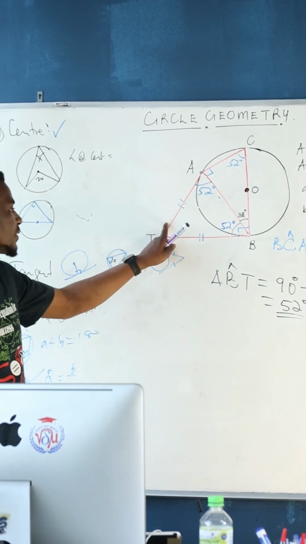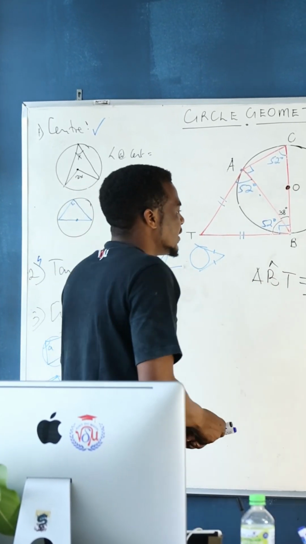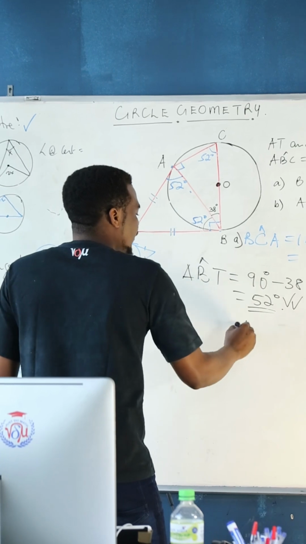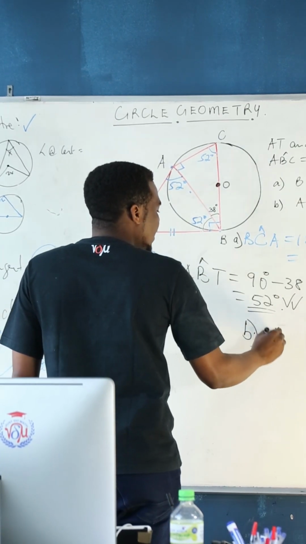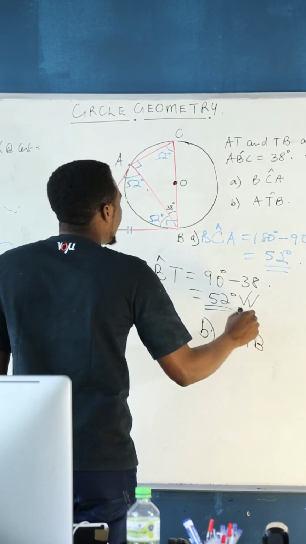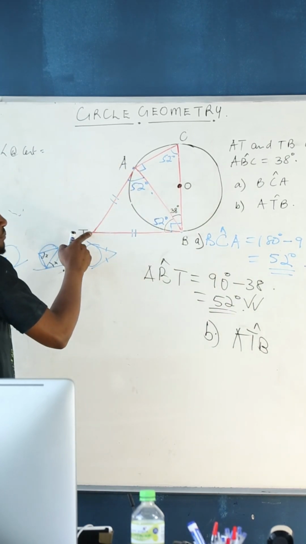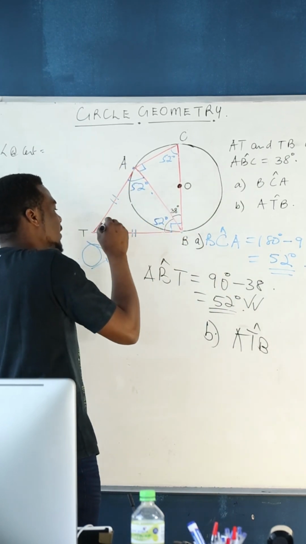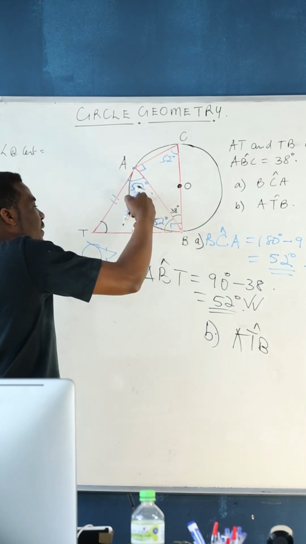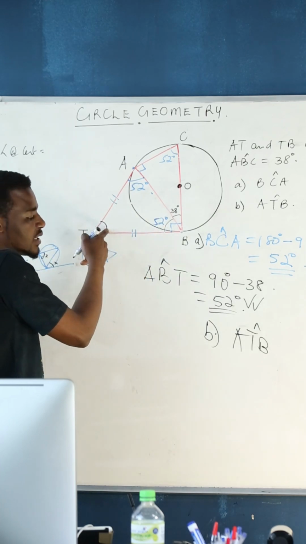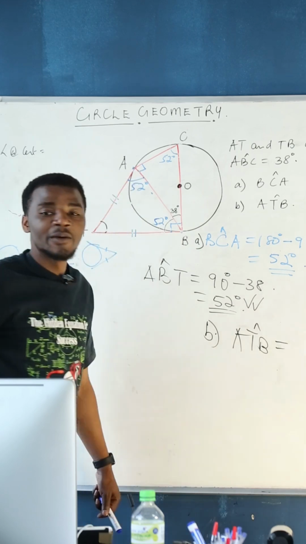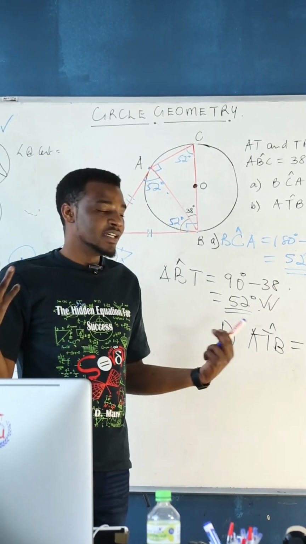Quite interesting. So how are we going to get this angle? Which angle is that? The one that we have for part B here. What is angle ATB? Imagine you're at A, you're moving to T, and at T, you then turn all the way to B. What is this angle? Now we want to figure out this angle, and we know that angles in a triangle add up to 180 degrees.